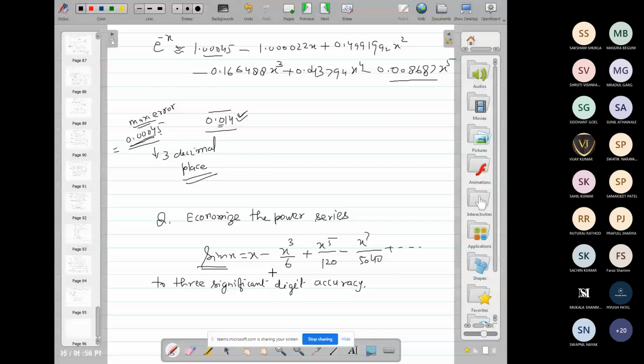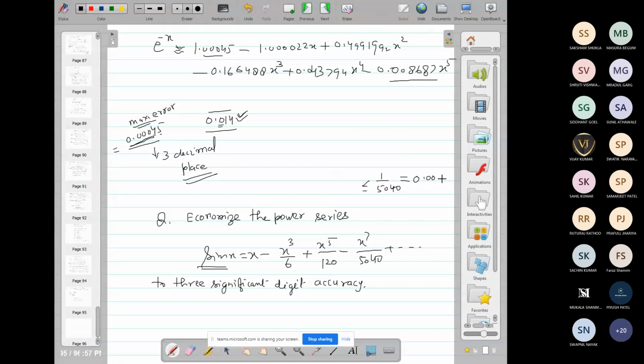And actually in Taylor series expansion, to obtain 3 significant digit, how many terms we require? If suppose we consider only 3 terms, then maximum error will be less or equal to 1/1040. अब इसकी वैल्यू कितनी आएगी? बताइए। This will be 0.002.